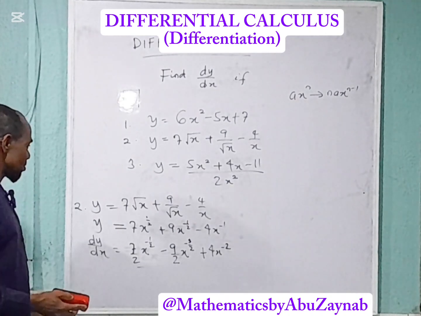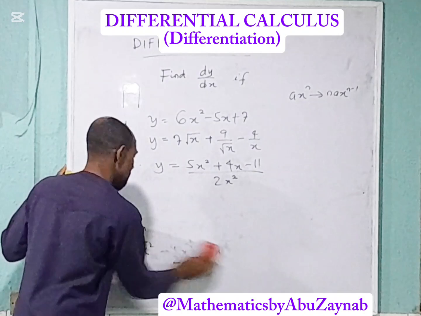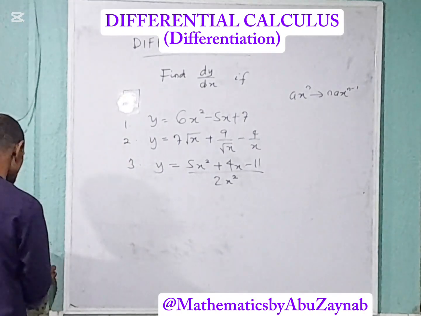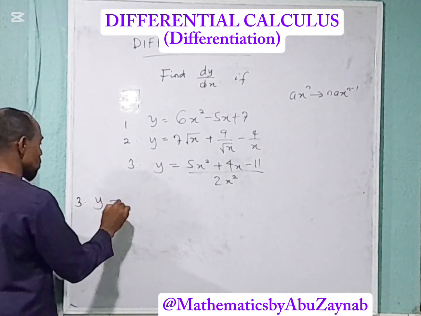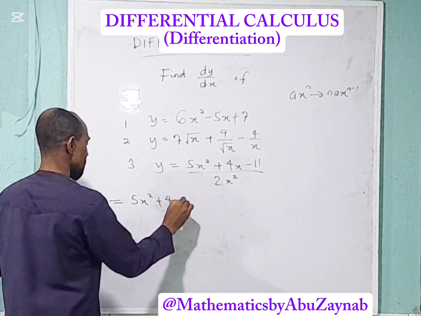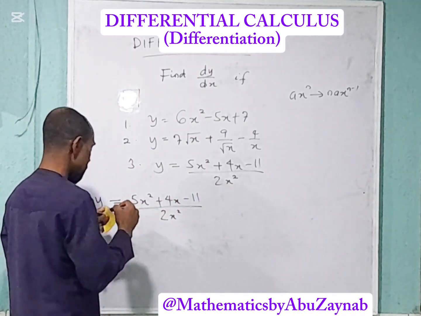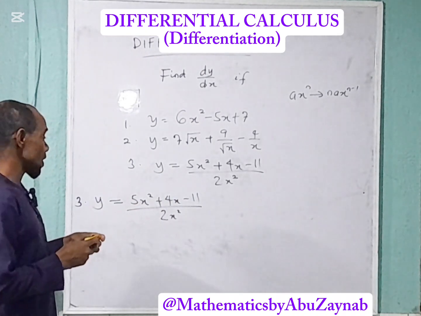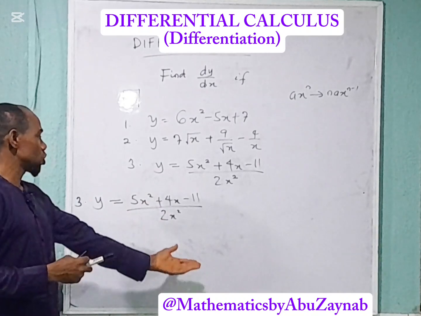If that is clear, which I believe it is, let's take the very last example on the board. Here, example 3, we've got y equals 5x squared plus 4x minus 11 over 2x squared. Now, recall from the last example that before you can proceed to differentiate, two conditions must be met.